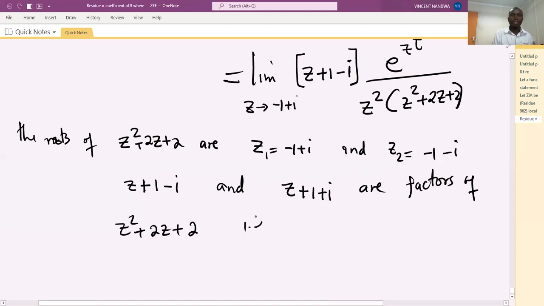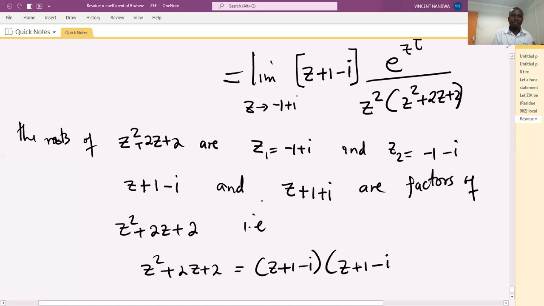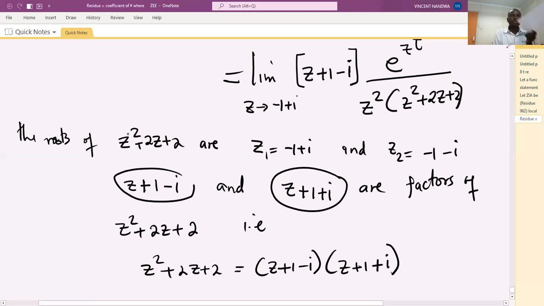That is, z squared plus 2z plus 2 can be written as z plus 1 minus i times z plus 1 plus i. So this and this one here are factors of this one.